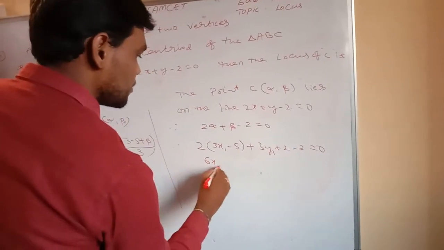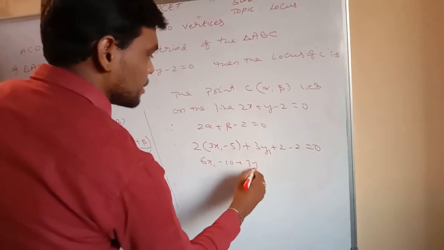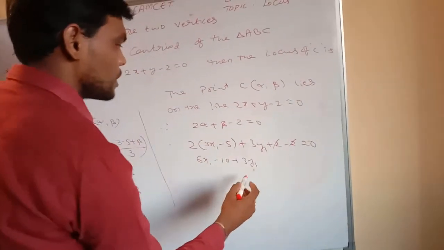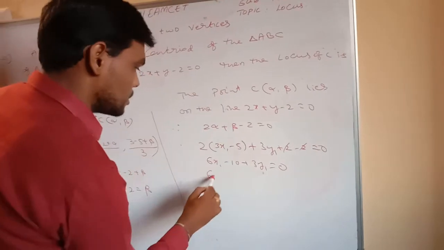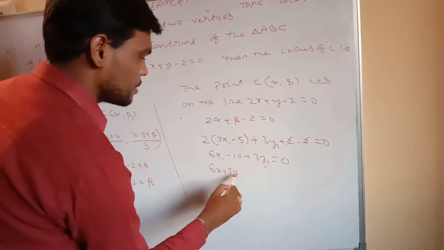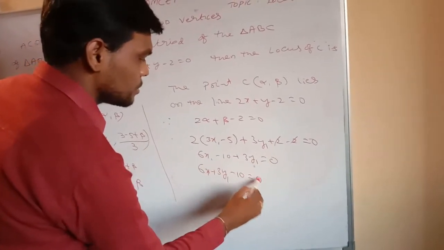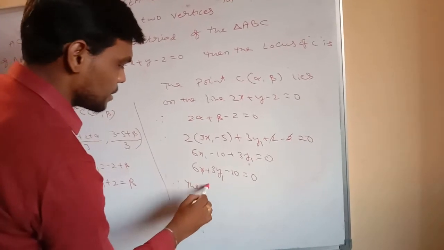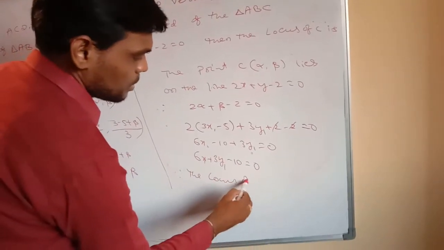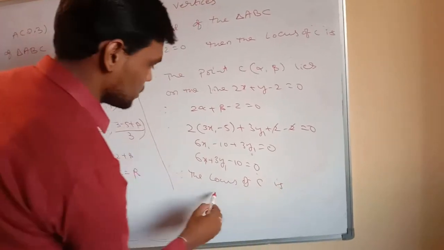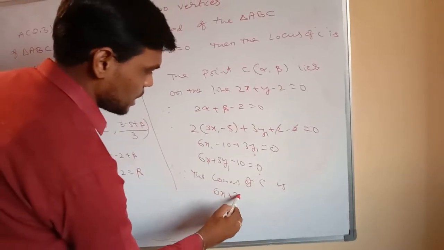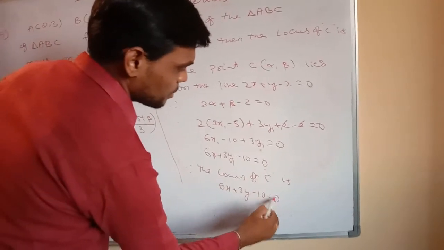This is 6x1 minus 10 plus 3y1 plus 2 minus 2, cancel, and therefore 6x1 plus 3y1 minus 10 is equal to 0. Therefore the locus of C is 6x plus 3y minus 10 is equal to 0.